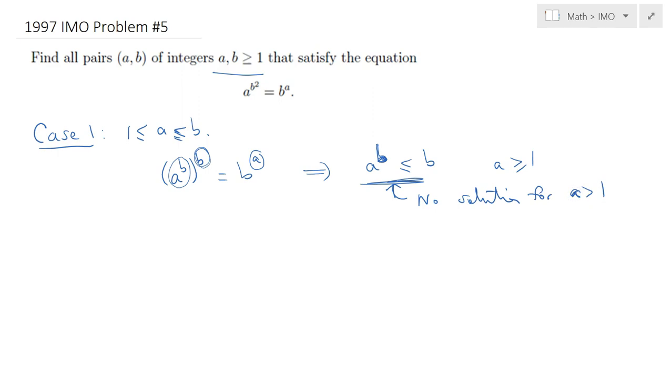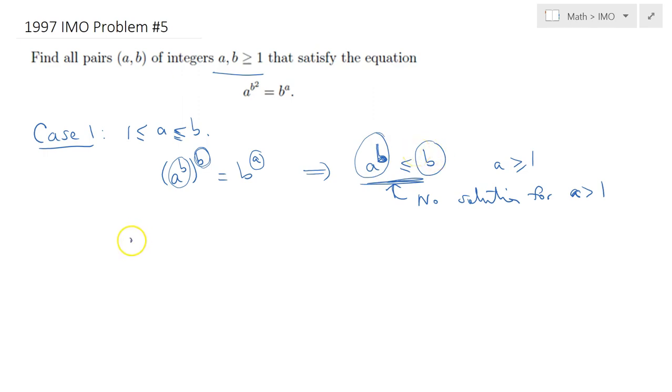And to see that, you can just observe that this is an exponential form versus this side is a polynomial. And for instance, if we replace a with any positive integer greater than 1, we would realize that the left hand side would be strictly greater than the right hand side.